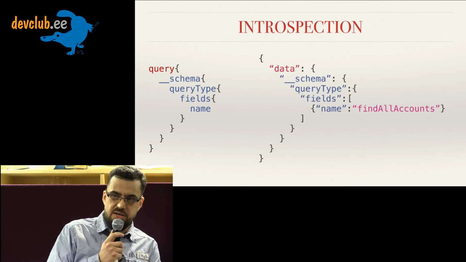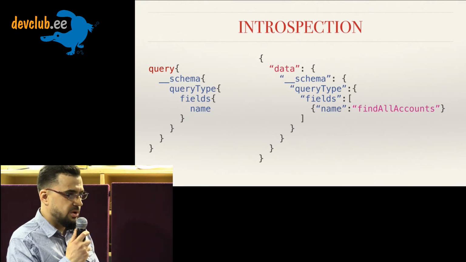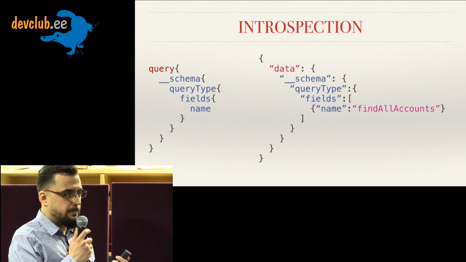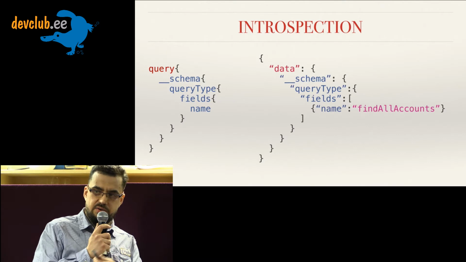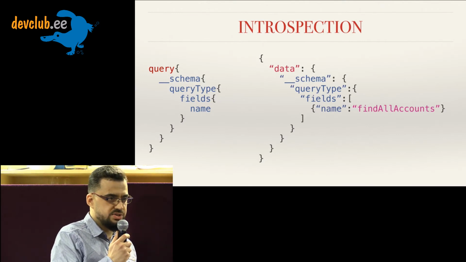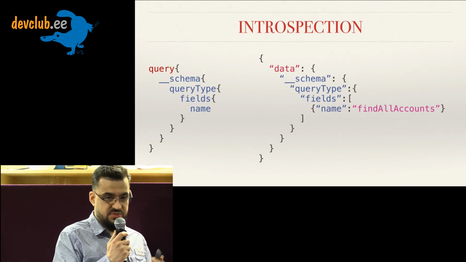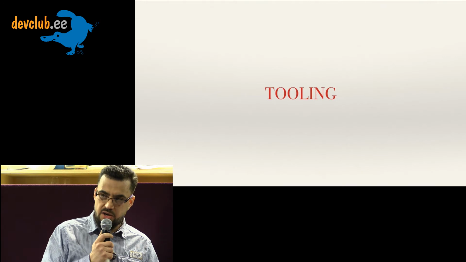So in this case, we get information about which root queries our schema has. Those queries may be more complex. We may load not only the root queries, but the types of those root queries and the fields that those queries have.